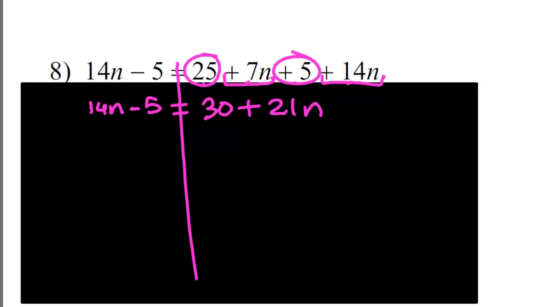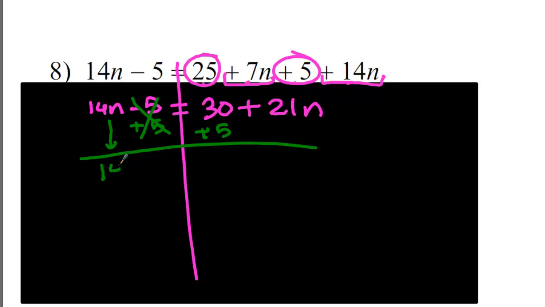Alright. Now we start moving. We're going to move this negative 5 over to the 30. Okay. So plus 5, plus 5. Carry that with 14n. We bring it down. 30 plus 5 is 35. You carry the 21n.